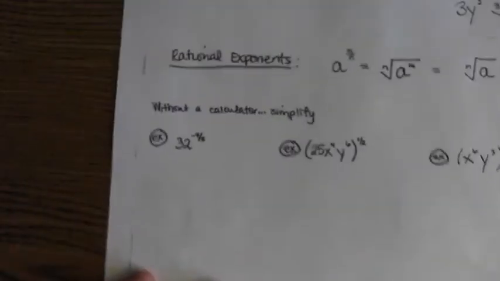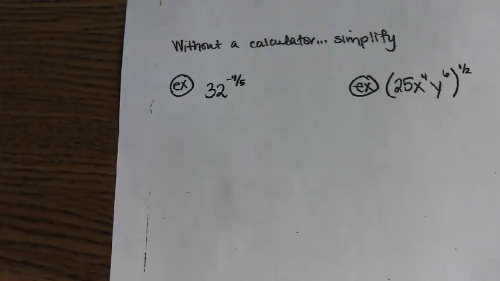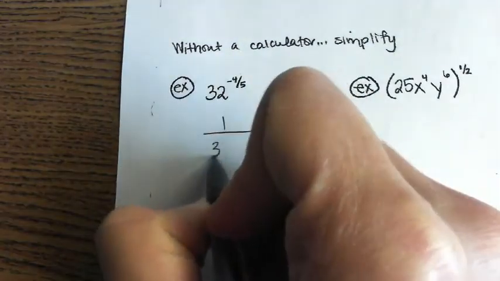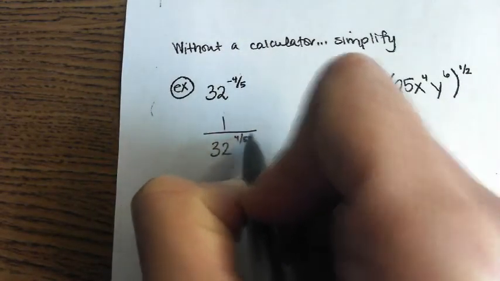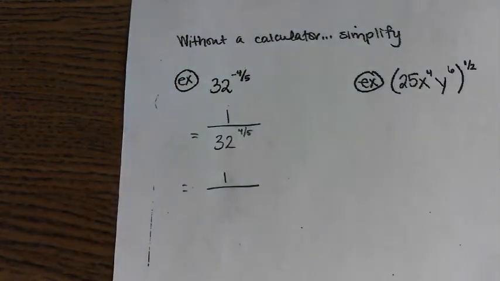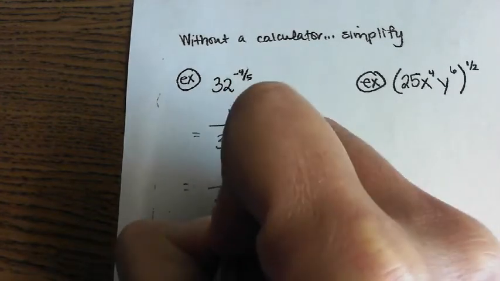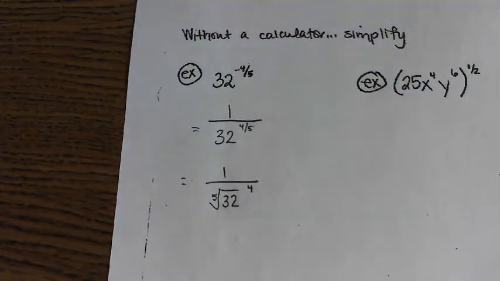So for example, in this first example, 32 to the negative 4/5. The first thing I'm going to do is handle that negative exponent, so 32 to the positive 4/5. And then in my denominator, here's where I'm going to elect to take the 5th root of 32 first, and then worry about raising it to the 4th power, because I think I'd be hard-pressed to find someone in here who, within a reasonable amount of time, if I did it in the opposite order, could do 32 to the 4th power in their head.